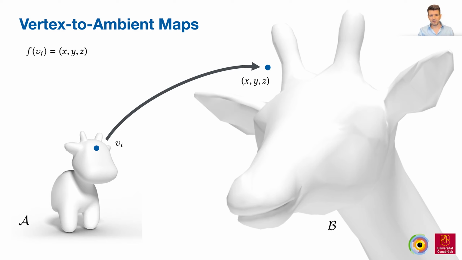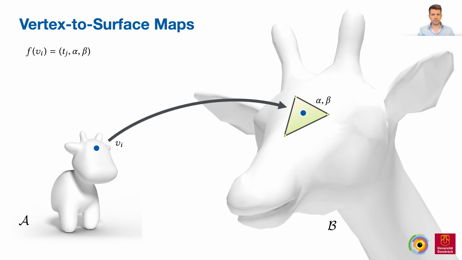A more elegant approach is to use a representation where this constraint onto B is inherent. This can be achieved with a vertex-to-surface map. Instead of per vertex storing 3D coordinates, we store a point that, by definition, is part of surface B. Concretely, per vertex of A, we can store an arbitrary point inside an arbitrary triangle of B, represented by the triangle's ID and the point's relative position inside that triangle.